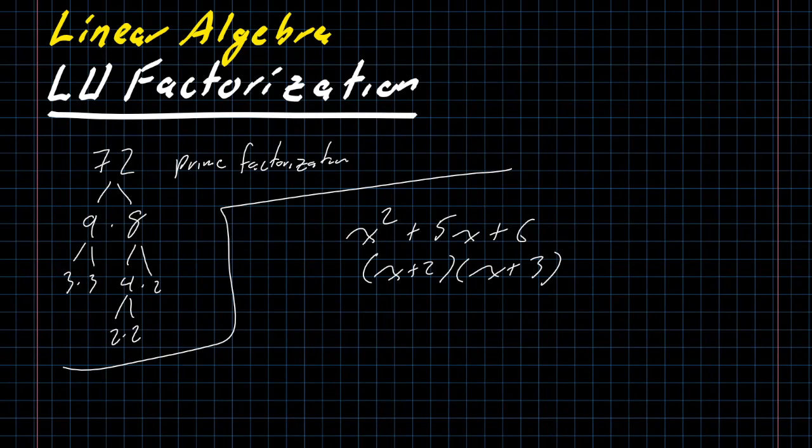And you use that to take a polynomial equation and turn it into a system of linear equations. Or you could use that or the prime factorization if you're dealing with whole numbers to look at a fraction and simplify it.